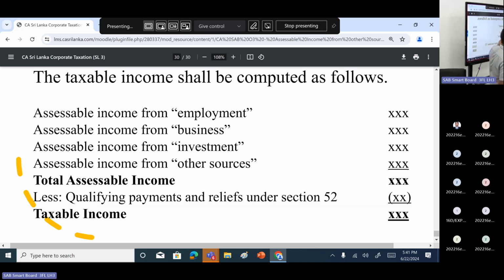So the total assessable income comprises only that gain from the disposal of the building, and we cannot claim the 1.2 million relief, no other deduction. So the same income is recognized as taxable income. Then how can we work out the tax? Taxable income is taxed at 10%. So then 10% we already paid.